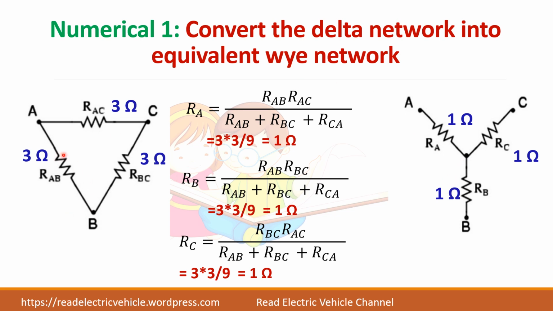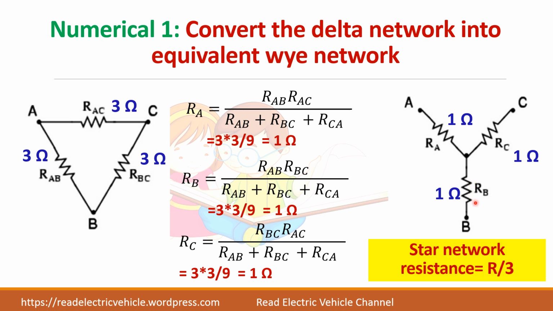And you have to remember one thing. This delta is converted into star. So 3 ohms becomes 1 ohms in star connection. So in star the resistance value is getting divided by 3. So if you have R here, it becomes R by 3.